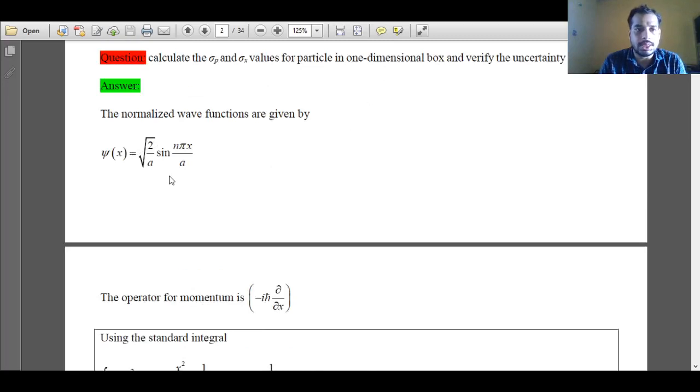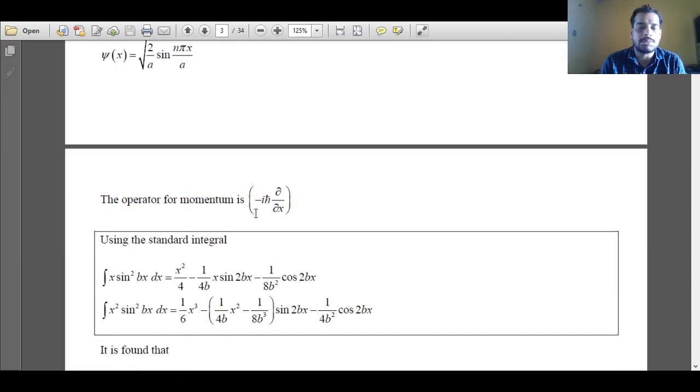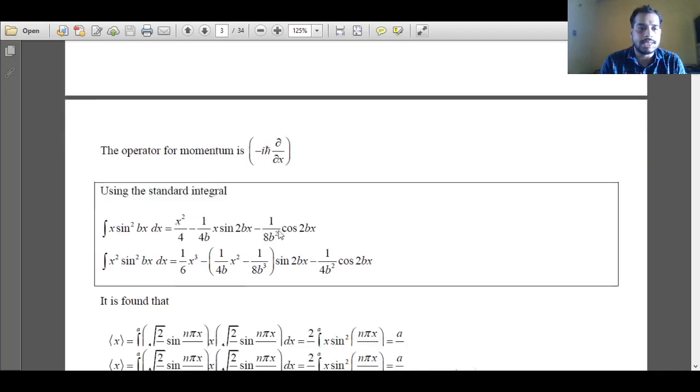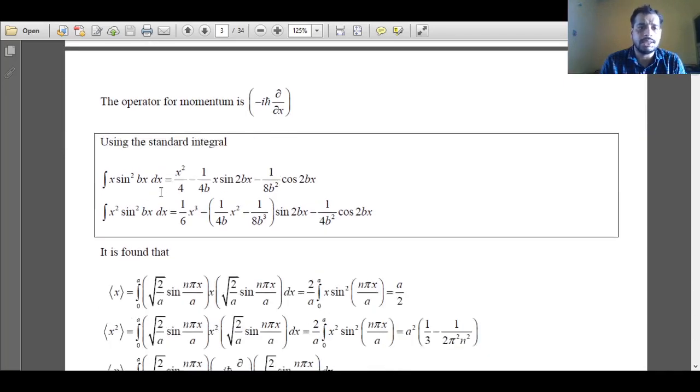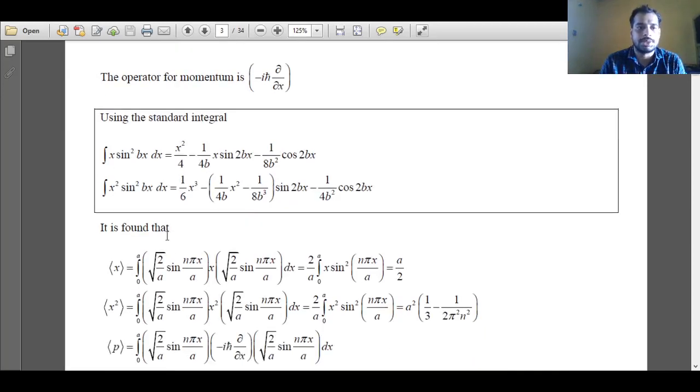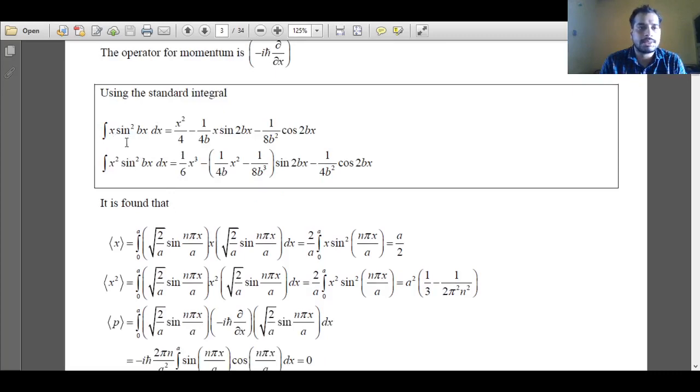Now we will study whether the position and momentum operators follow Heisenberg's uncertainty principle or not. The momentum operator is minus i h bar d over dx. Before verifying, we'll use two standard mathematical integrals. Those integrals are: the integral of x sine square bx dx is equal to x square over 4 minus x over 4b sine 2bx minus 1 over 8b square cos 2bx.